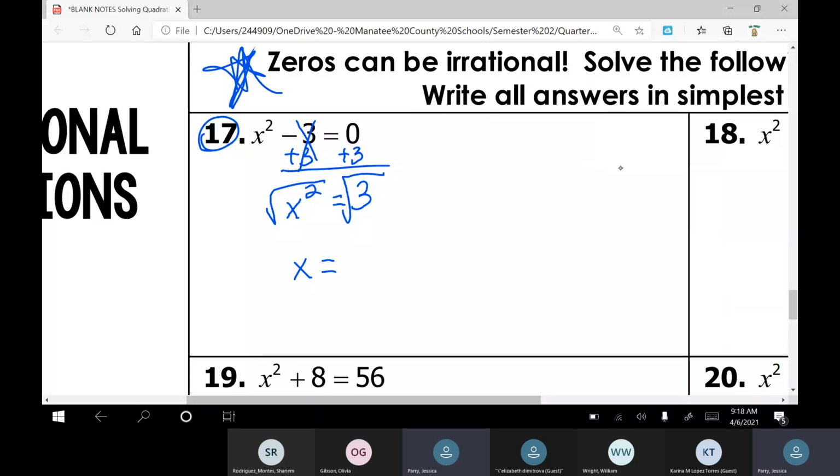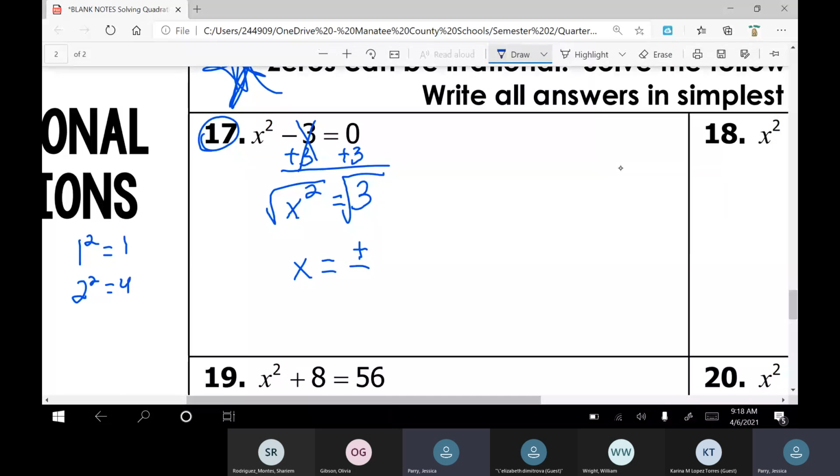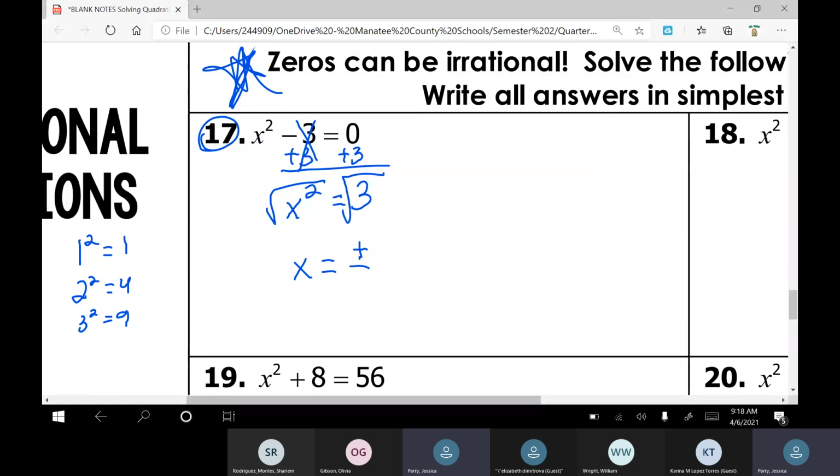Okay, I know that we need a positive and a negative. Can I take the square root of 3? Is that possible for us to do? Is there a perfect square for 3? Like we know 1 squared equals 1, 2 squared equals 4, 3 squared equals 9, and we're already at a bigger number than 3. So that means we cannot take the square root of 3.